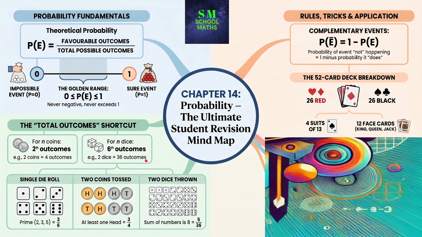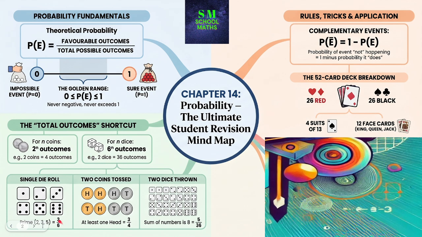Let's look at the classic exam scenarios. In the first example, where a single die is rolled, the probability of getting a prime number is 3 by 6 because there are 3 prime numbers available on a single die.